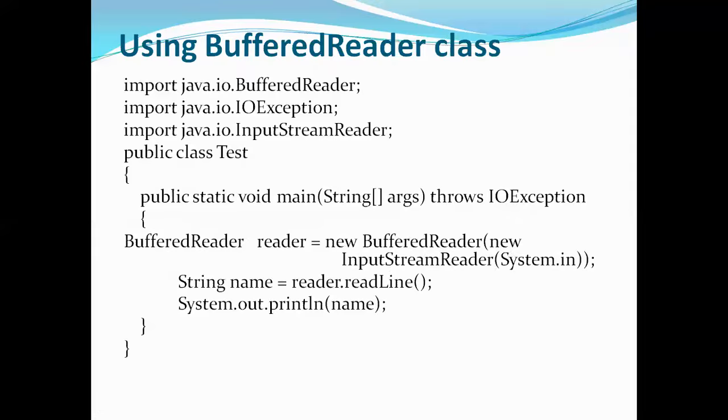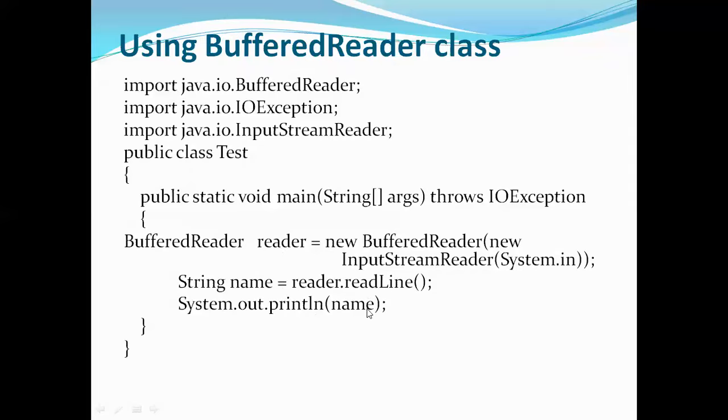Now the next thing is, it will read the characters using this object. It will read using the method called readLine. ReadLine means it will read the entire sentence or a particular line of characters using that object, and it will assign that string into the variable called name.